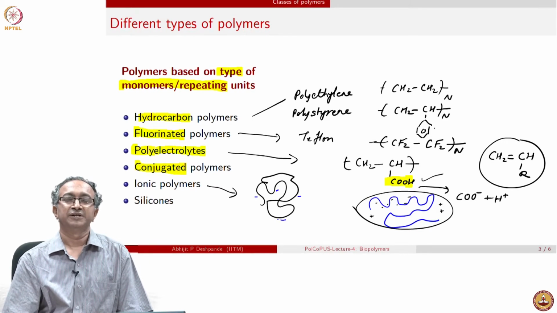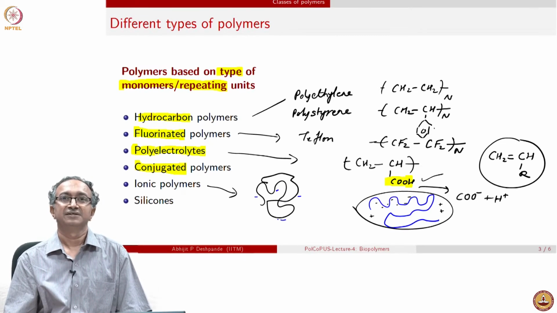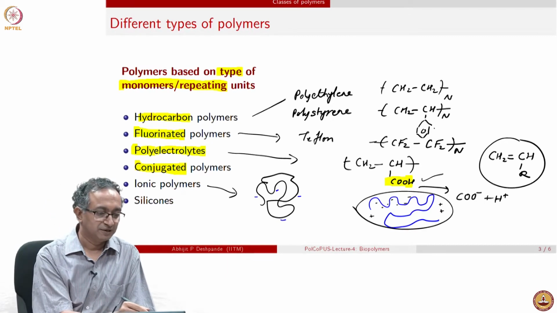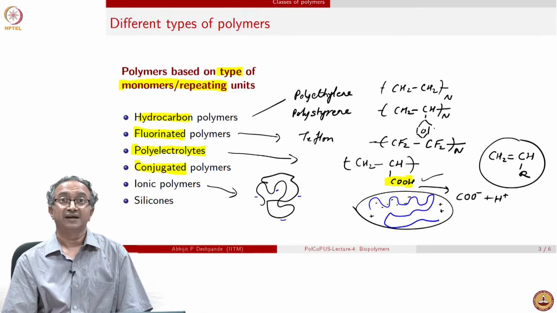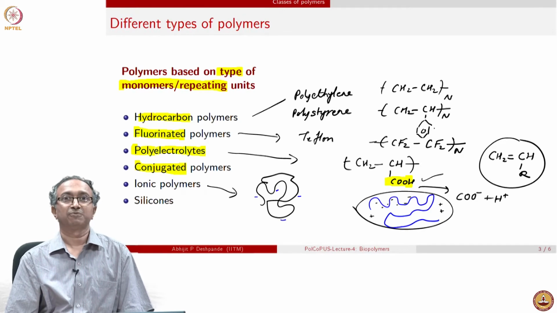So what you have is many of the repeating units have no ionic group, but some repeating units have ionic groups. So for example, you could combine polyethylene and acrylic acid and make an ionic polymer.